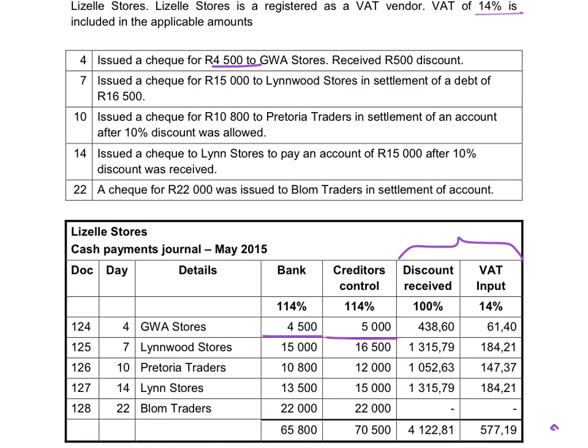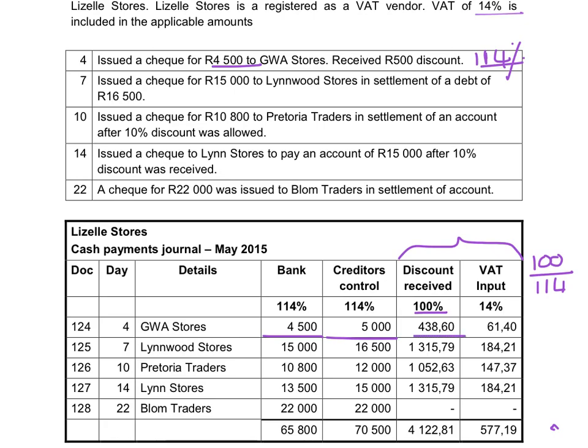When we do this calculation, the 500 Rand is the discount, and that equals 114% because it includes VAT. If we want to calculate the discount, it means the one that we want, 100, divided by the one that we know, 114, times 500, and that will give us 438.60.